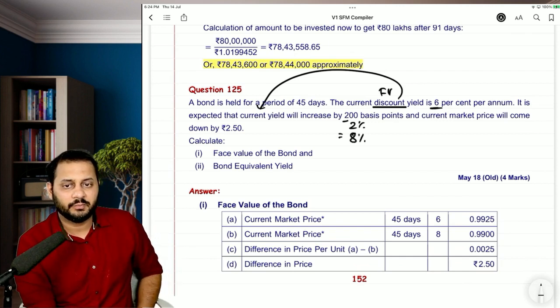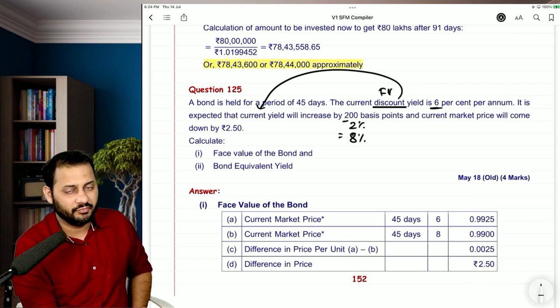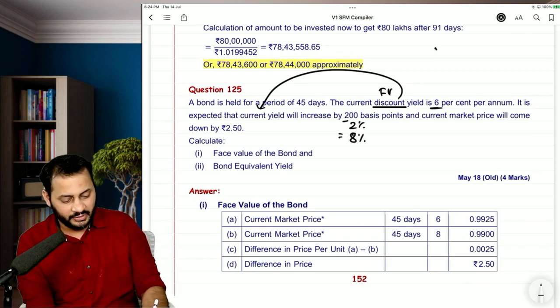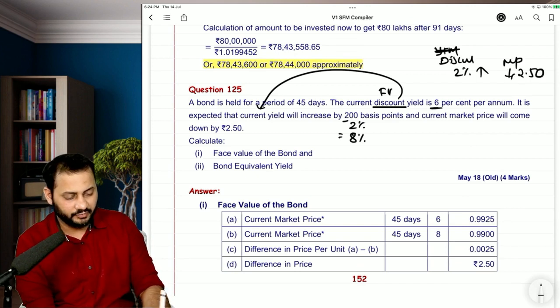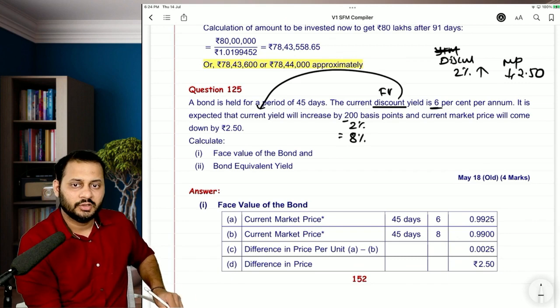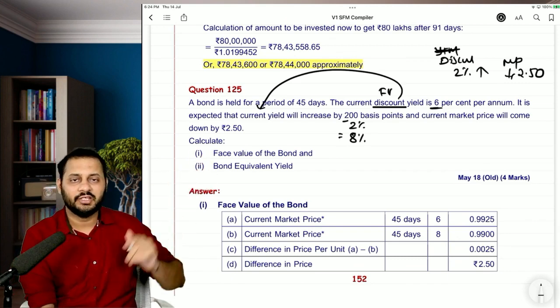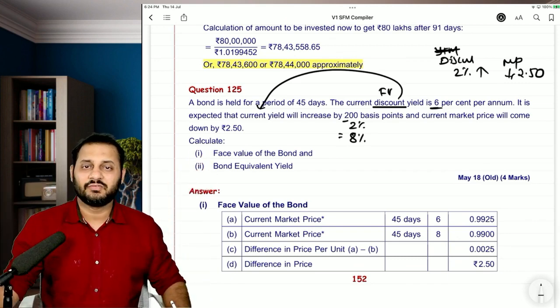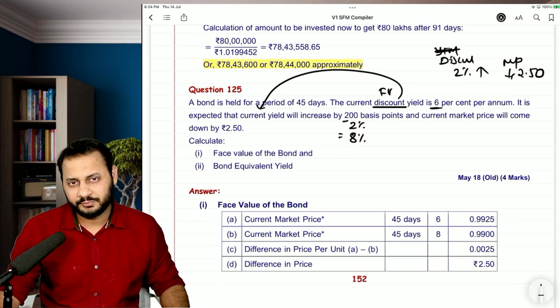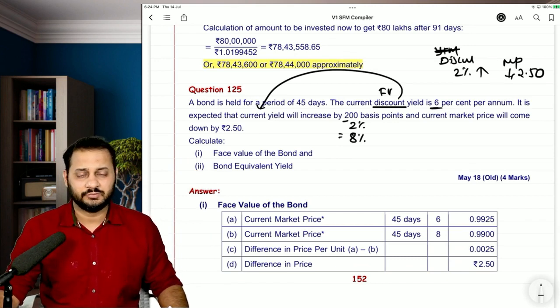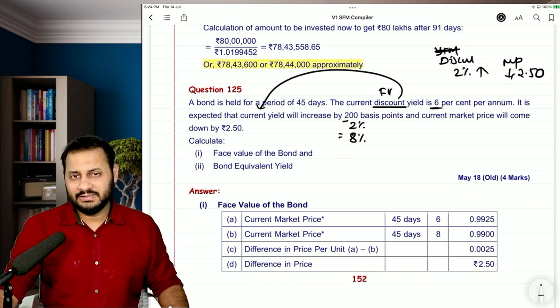And the current market price will come down by 2 rupees 50 paisa. If you increase the discount rate by 2%, market price will come down by 2 rupees 50 paisa. Find out the face value of the bond. They have not given you the face value. How will you calculate? It's very easy, sir.